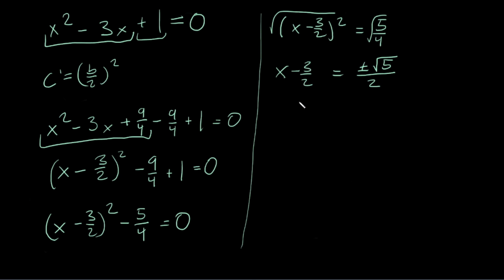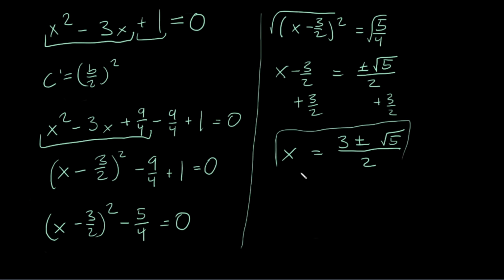Now we can add 3 over 2 to the other side, so plus 3 over 2, plus 3 over 2. So we can write x as equal to 3 plus or minus root 5 over 2. And this is it as the exact value. We could simplify it, but most of the time it will ask you for your answer in simplest form. So this is what x would equal.